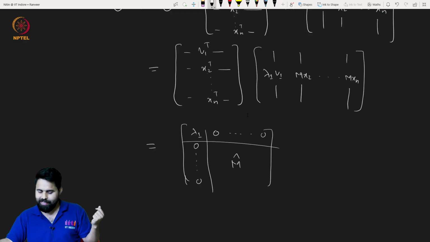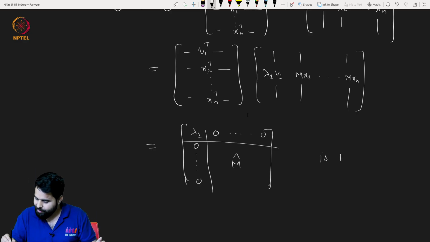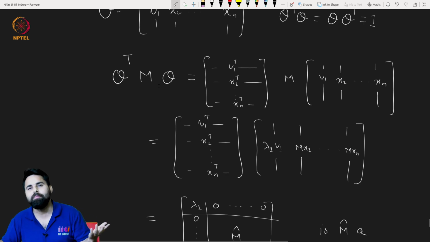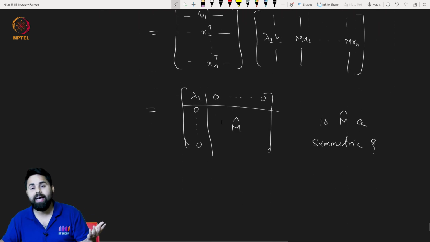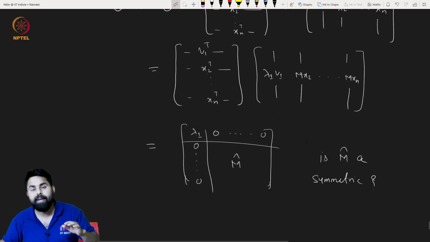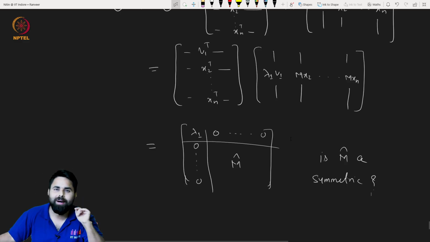Is it a symmetric matrix? Is M cap symmetric? The answer is yes, indeed. If you take the transpose of it, it will be the same matrix, right? So this matrix has to be a symmetric matrix, and that's why this chunk will also be symmetric. So M hat is also a symmetric matrix, and hence I can use my induction hypothesis.